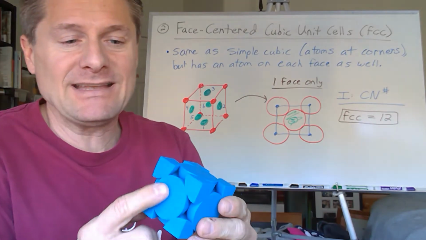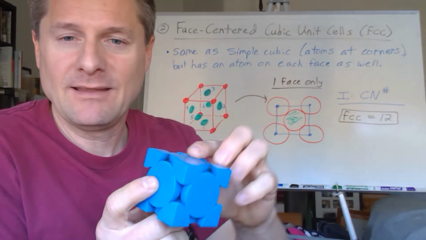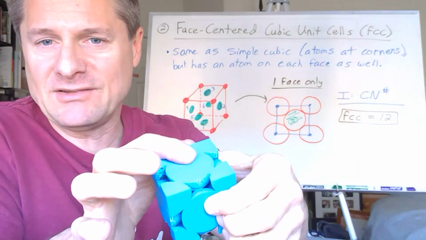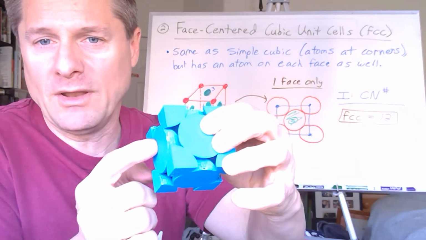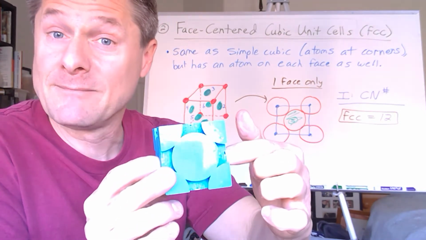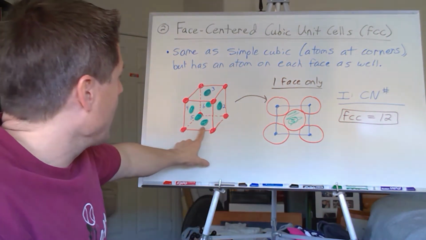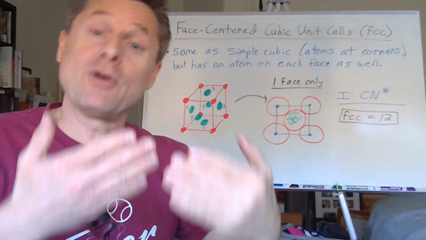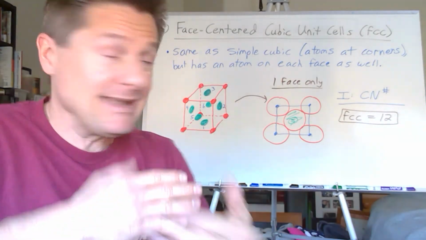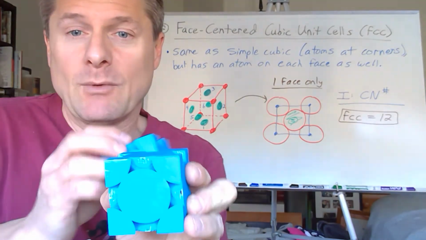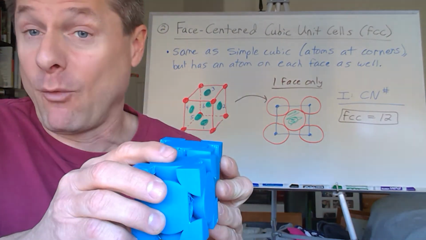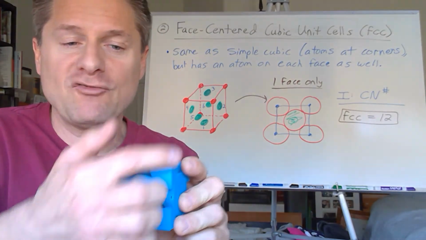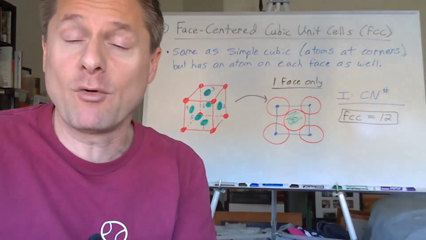But it's also touching the ones in the faces behind it. You see that one we're looking at? It's touching this one, this one, this one, and this one behind it. So that'd be atoms 1, 2, 3, and 4. So it's touching 4 in the same plane, the corners, and the 4 faces behind it. And then if you drew it, it's touching the 4 behind it and the 4 in front of it. So a total of 12, right? So it's touching the 4 corners, the 4 faces behind it, and the 4 faces in front of it.